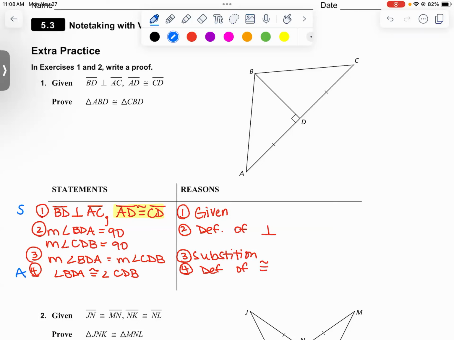Hey, now we have an angle that's congruent. We have two more steps. They're the easy ones. We have a side and we have an angle. We need another side. What's our last side? Yeah, we know, and you guys told me this at the very beginning, that BD is congruent to itself by the reflexive property.